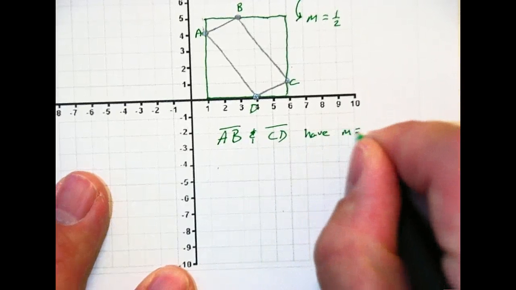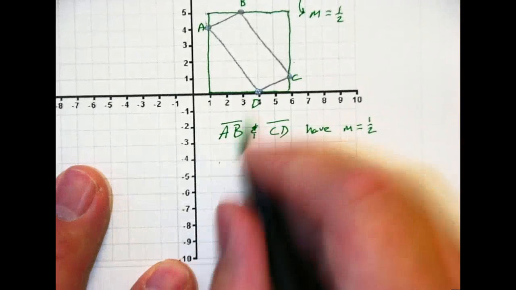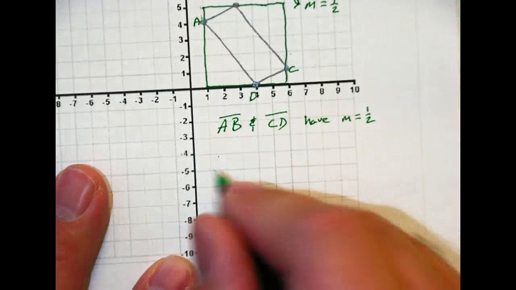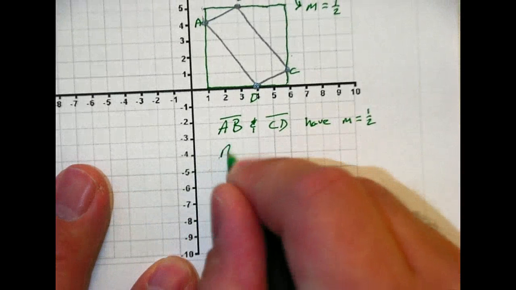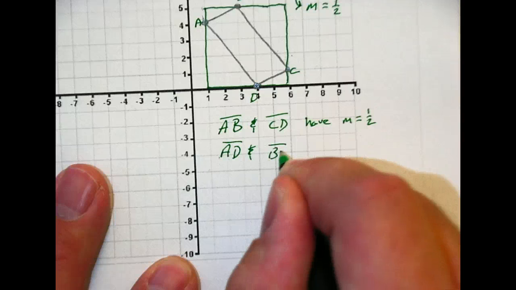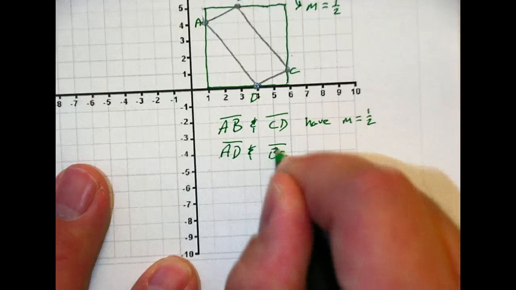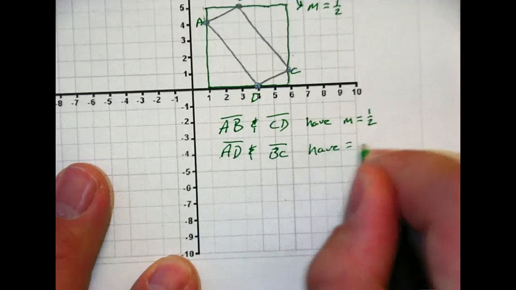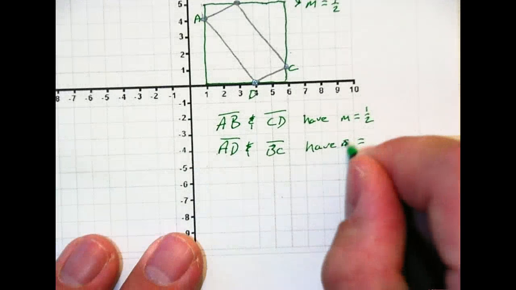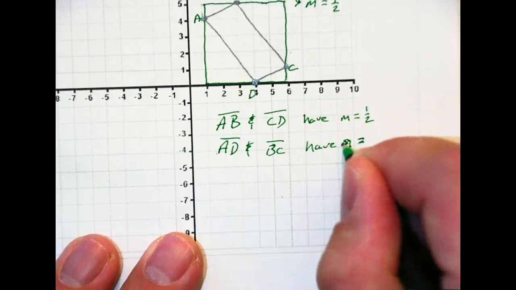So like AB and CD have a slope of 1/2. So that means this is 1/2 and this is 1/2. What's AD and BC? Is it -2? We need it to be -2, right? If it's perpendicular, excuse me.